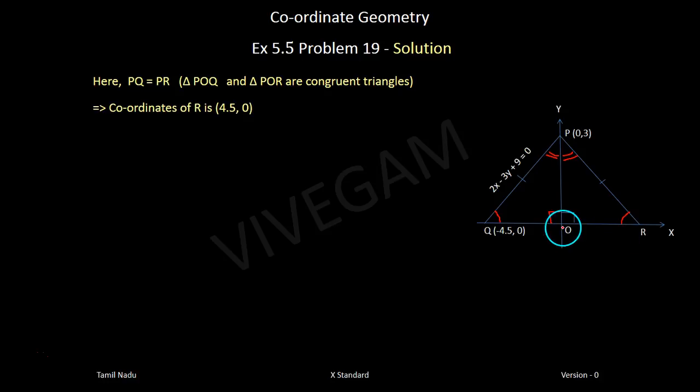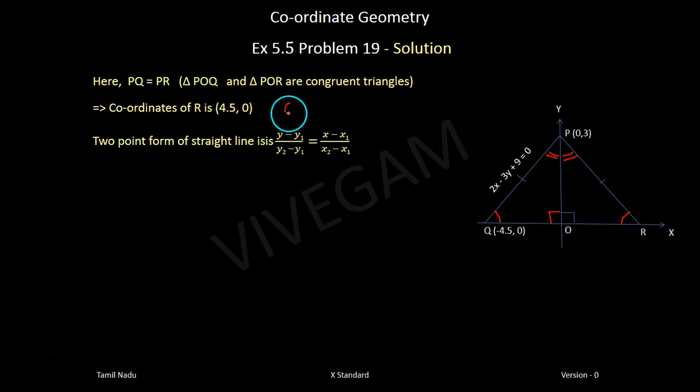And what will happen if OQ is OR? Actually, I should write this also. OQ is OR. Okay. So since OQ is OR, what does it mean? The distance of Q from O is also the distance of R from O. This is minus 4.5, so this will become 4.5. So the coordinate of R is 4.5, comma 0.